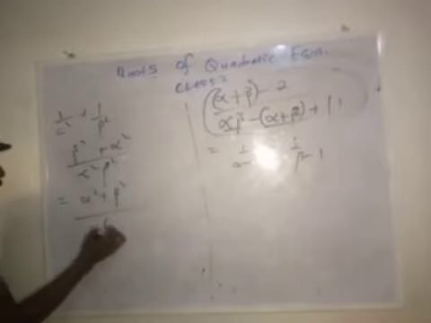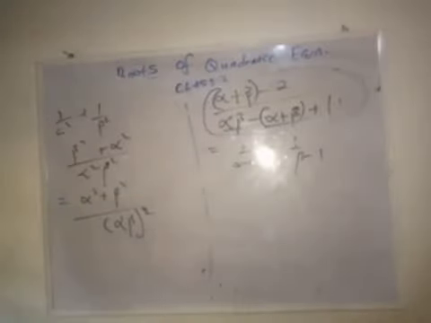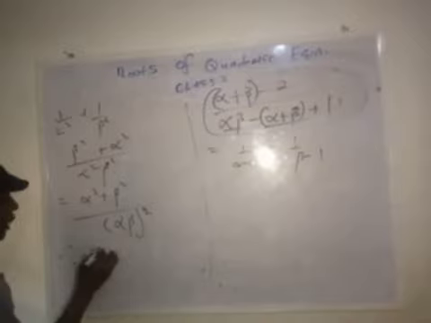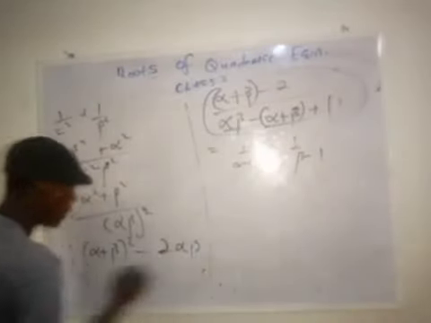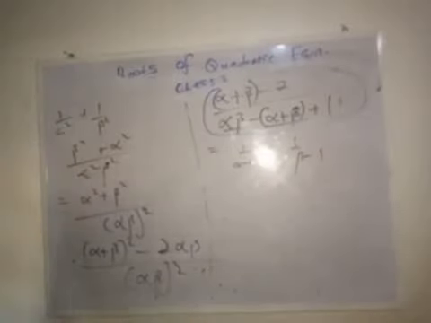And we know that alpha squared beta squared can still be written as alpha beta raised to the power of 2. Are you getting the point now? And we know that alpha squared plus beta squared is alpha plus beta squared minus 2 alpha beta. And therefore, this becomes alpha plus beta squared minus 2 alpha beta divided by alpha beta raised to the power of 2. And that will be my answer.